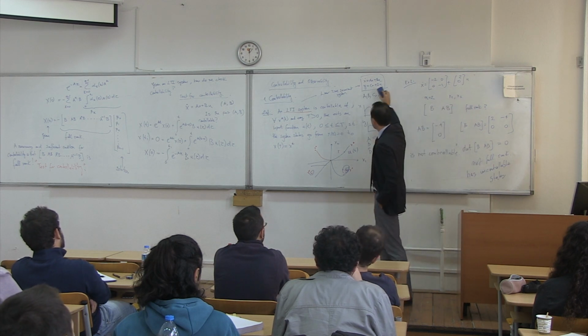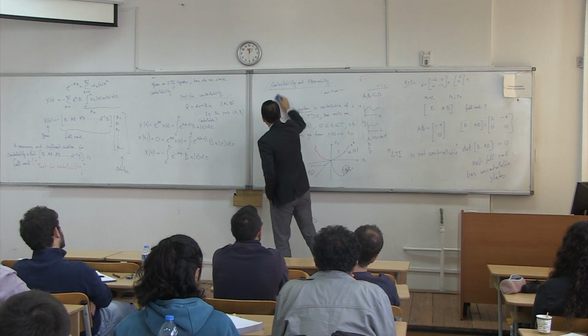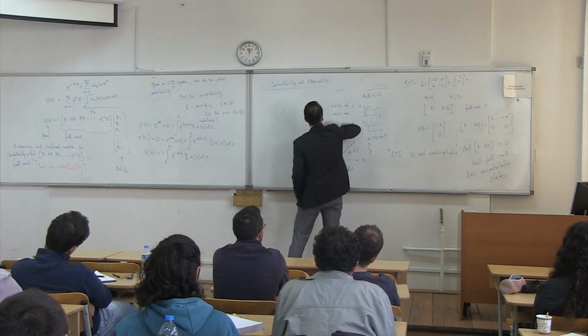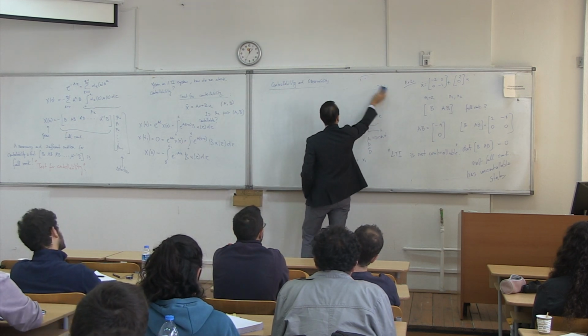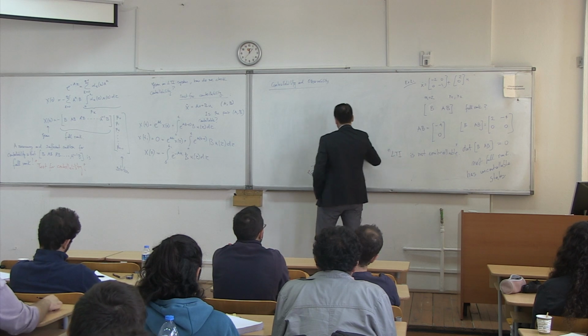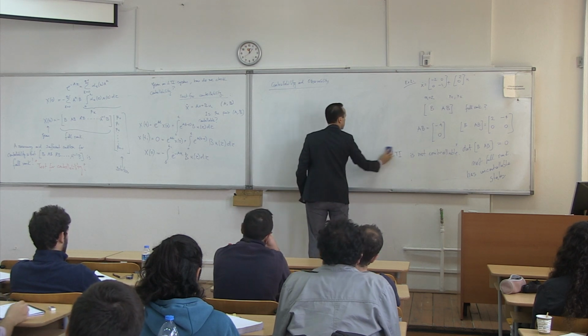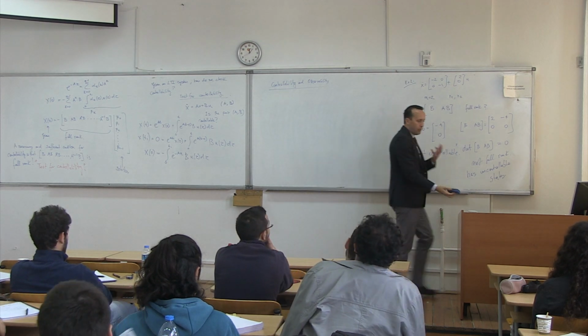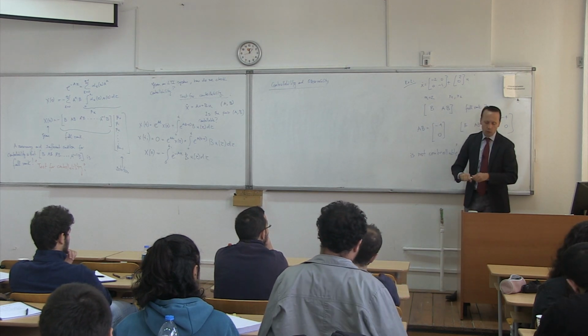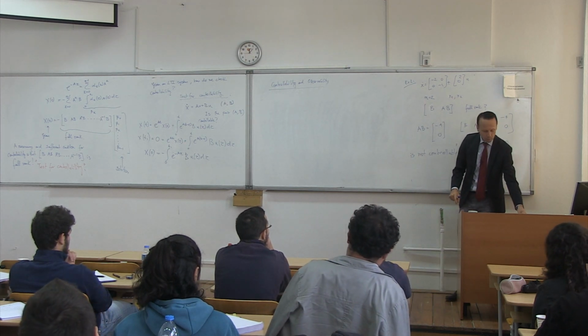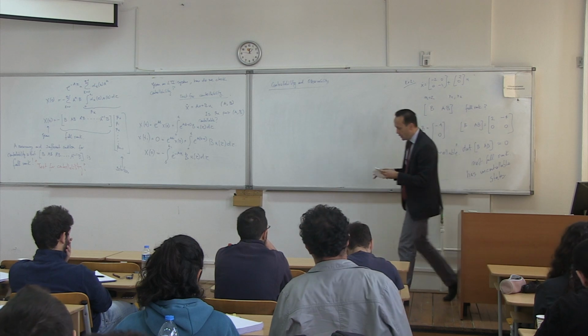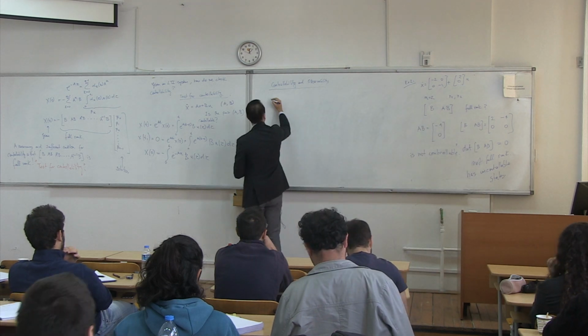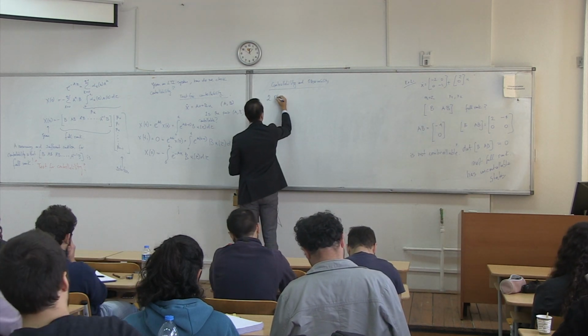So the next part then is observability. Now that we've gone through this, I think the observability part will be somewhat easier to explain, since I hope you have a feeling for what we are trying to do here. Okay, observability. This is part 2.